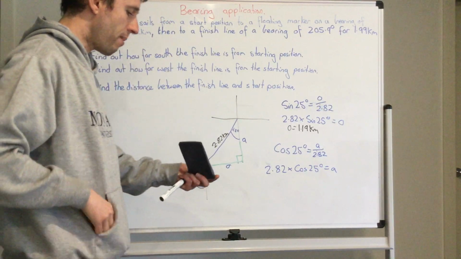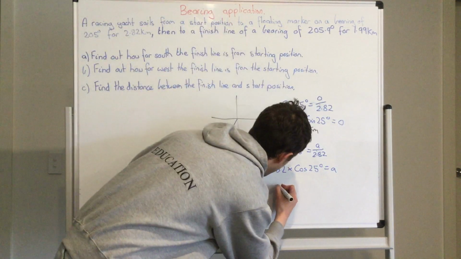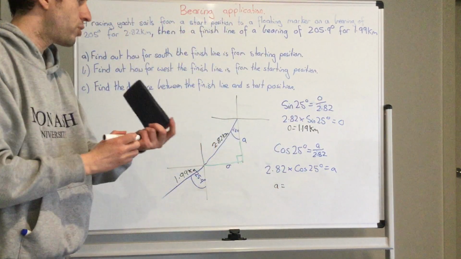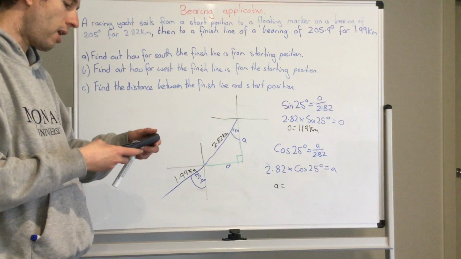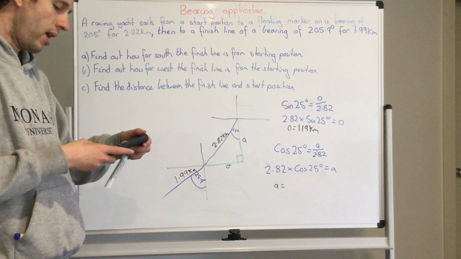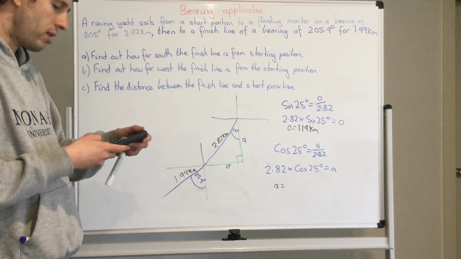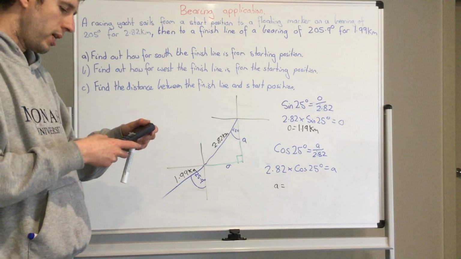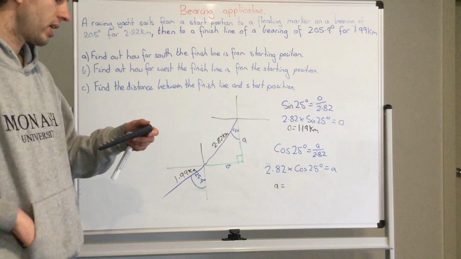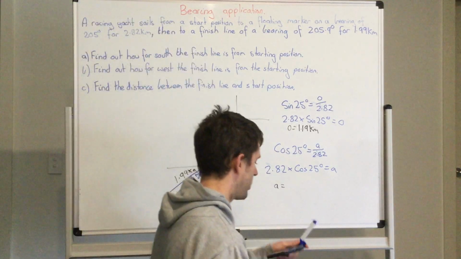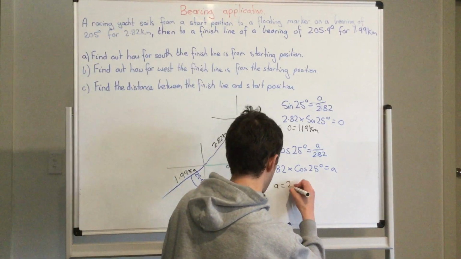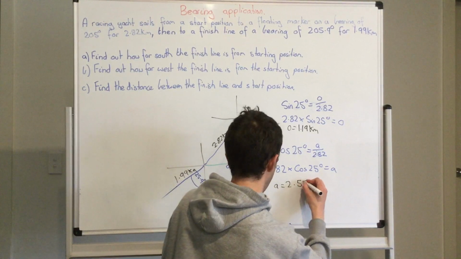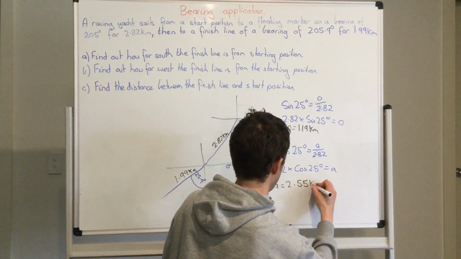Now I've got A by itself. I can put everything into the calculator to find my answer. 2.82 times cos 25 degrees. And it spits out 2.55 kilometers.